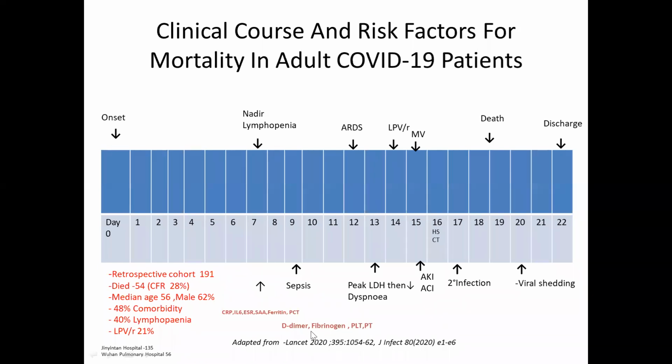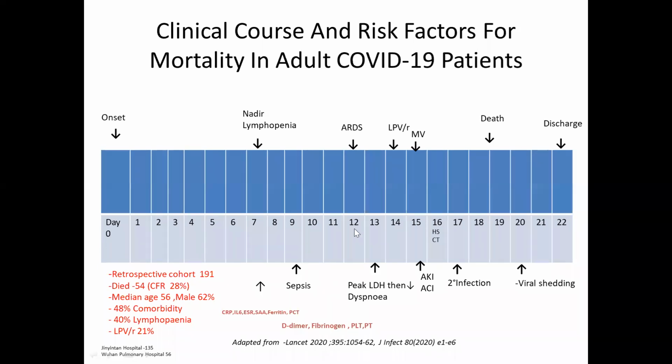Now, we also noticed that D-dimers and fibrinogen were found to be elevated in these patients. And when you think of the pathology of COVID, we now think that there's a coagulopathy that also plays a part in lung disease and, of course, disease in other sanctuaries.